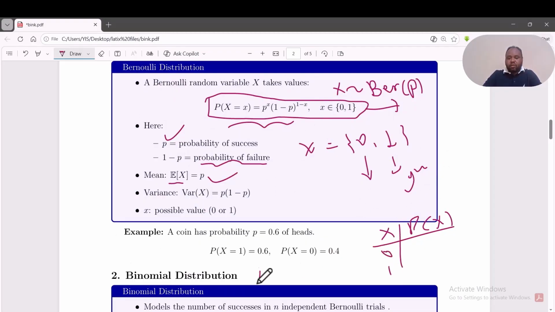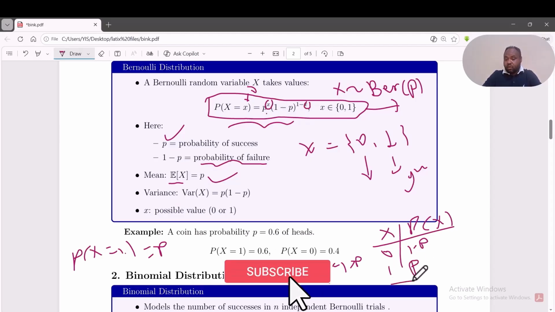The probability of X equals 0: making this 0, p to the power of 0, times 1 minus p to the power of 1 minus 0, is 1 minus p. And the probability of X equals 1: we put 1 here, 1 minus 1 is 0, 1 minus p to the power of 0 is 1, then we are left with p. Therefore, the probability of X equals 1 is p.